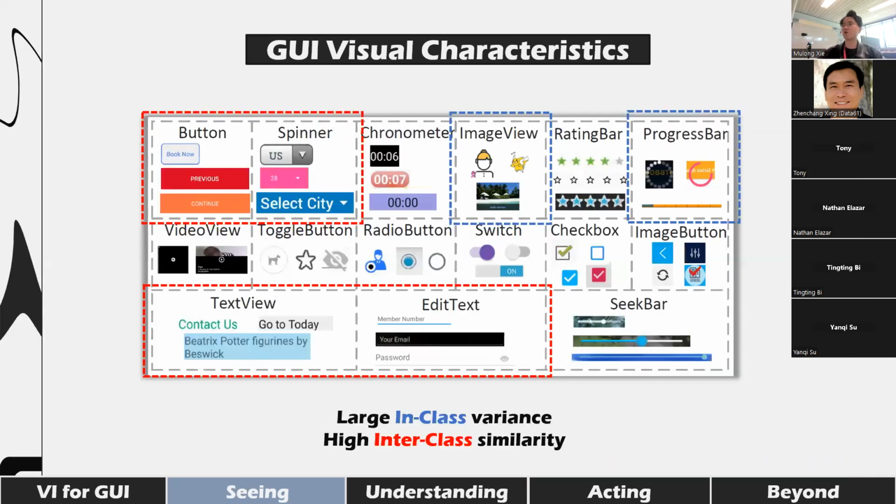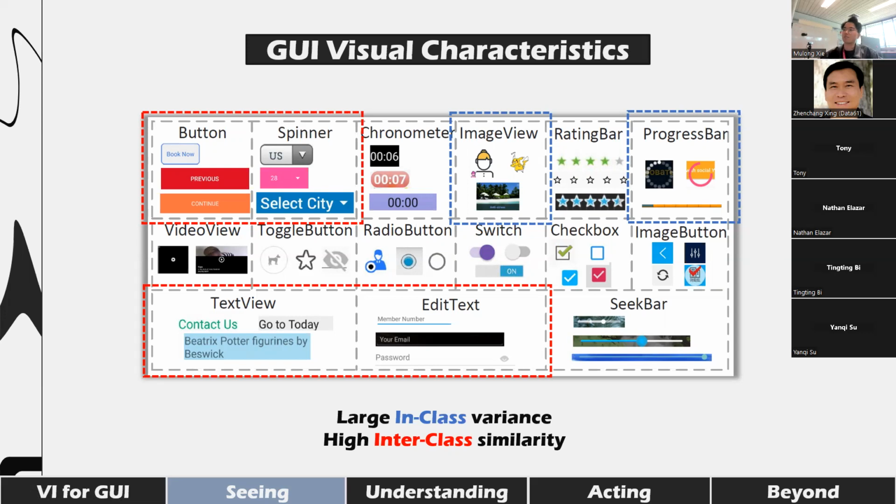And in terms of the specific GUI elements, we have large intra-class variance, which means even when elements are in the same class, they can be really different, right? Take, for example, the image view. Although all of those three images are image views, they are totally different.